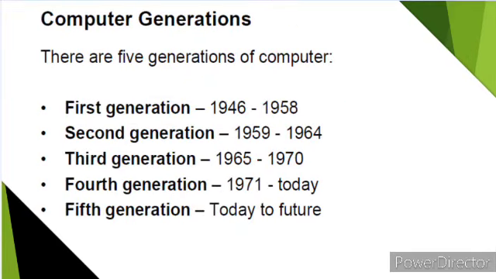Now, the timeline for the different generations of computers is as follows. There are 5 generations of computers. First generation, the time between 1946 to 1958. The second generation, the time between 1959 to 1964.